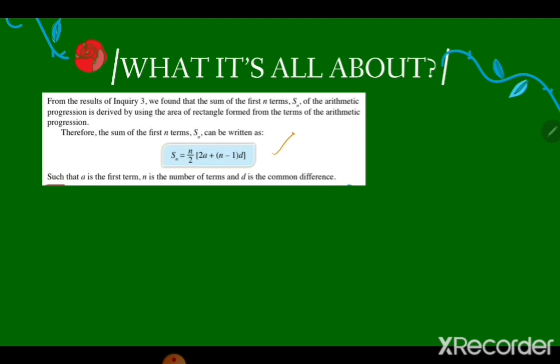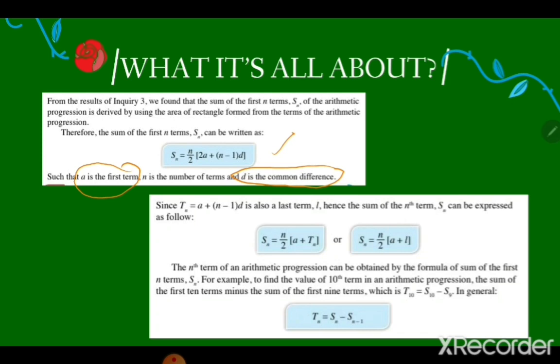Such that a is the first term and d is the common difference. Next, since the nth term, Tn equals a plus (n minus 1) times d, is also the last term, L, the sum of the n terms Sn can be expressed as Sn equals n over 2, of course divided by 2 because the area is half, times the addition of the first term and the last term.